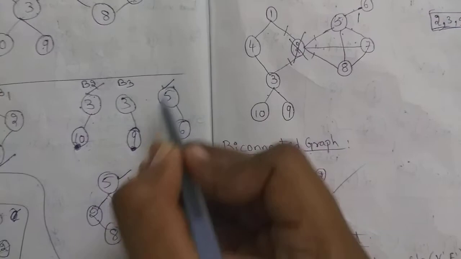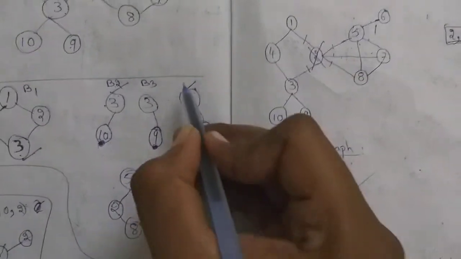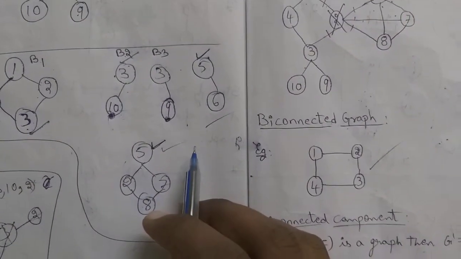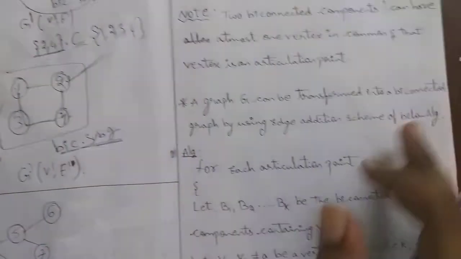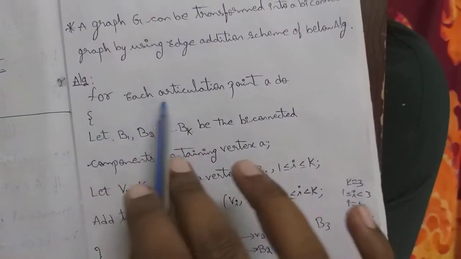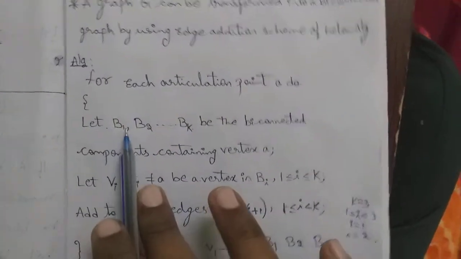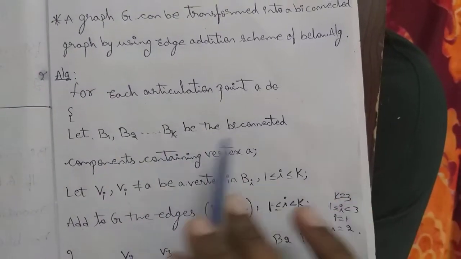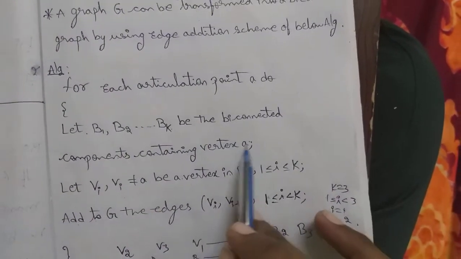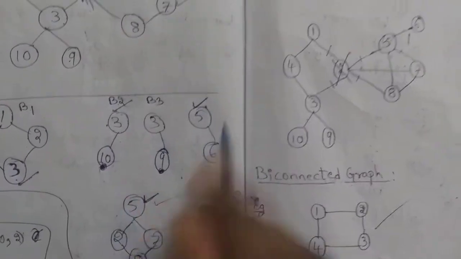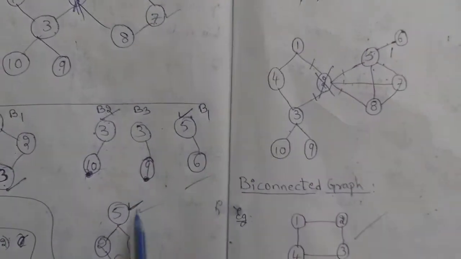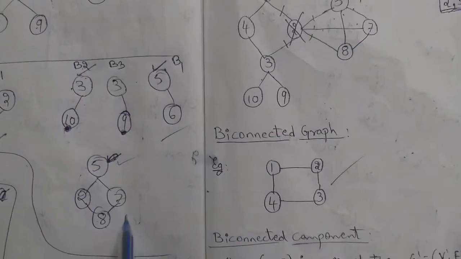Also for the same graph, we have 2 more articulation points, 5 and 6. If you apply the same algorithm for each articulation point, let B1, B2 and so on, Bk be the biconnected components containing that articulation point. Here 5 comma 6 will be B1 and 5, 2, 7, 8 will be B2.